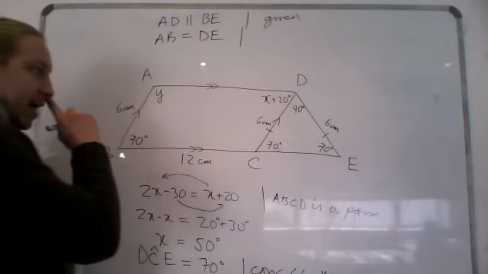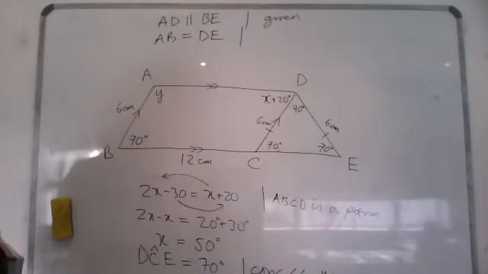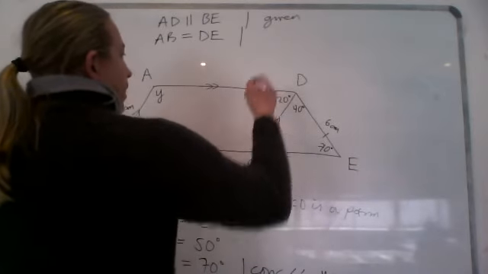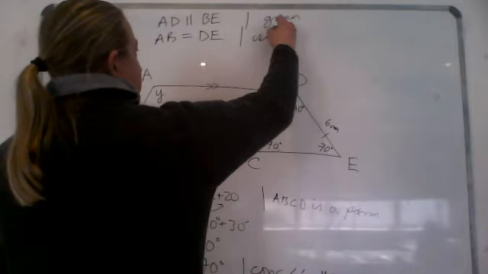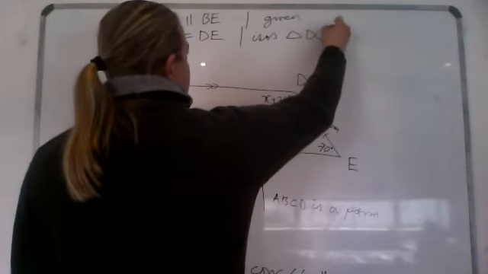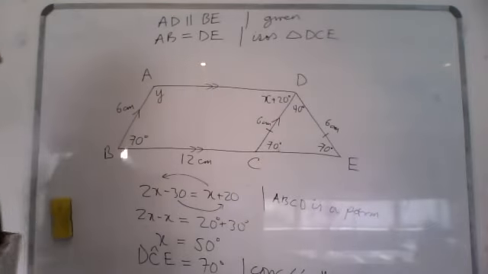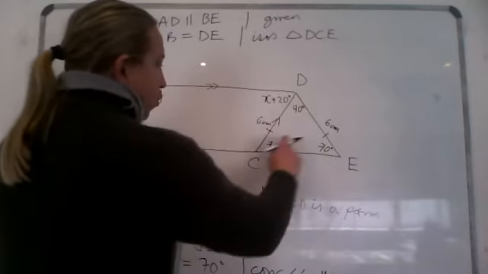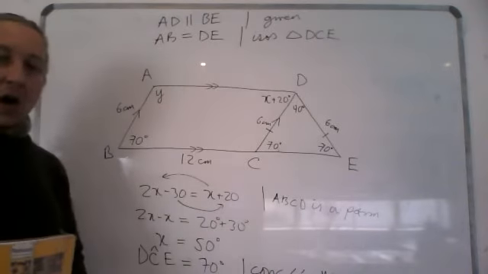Why are we saying that? Well, we've proved it by using isosceles triangle DCE. That's why those two sides are equal, because both the angles are 70 degrees.